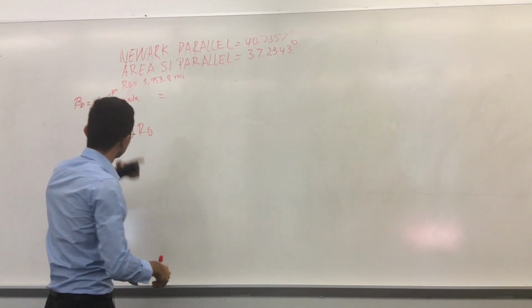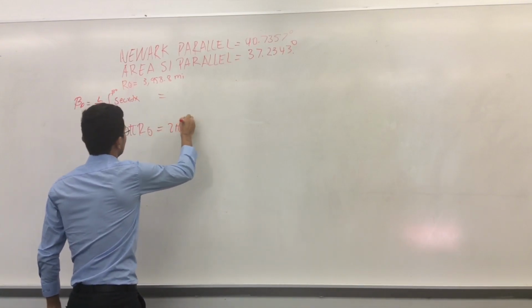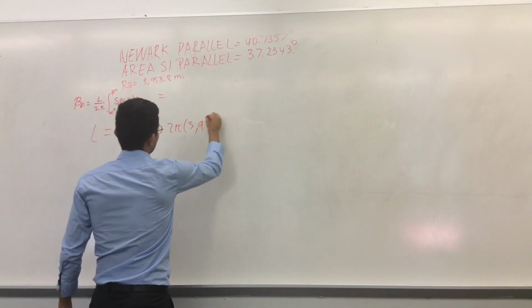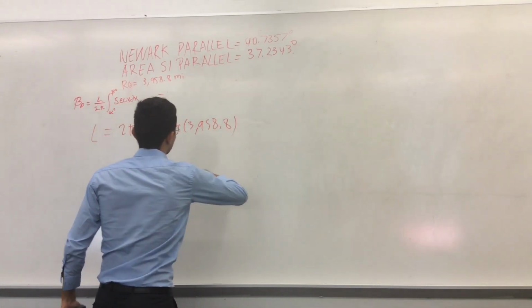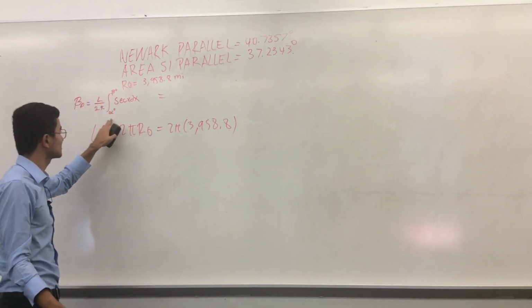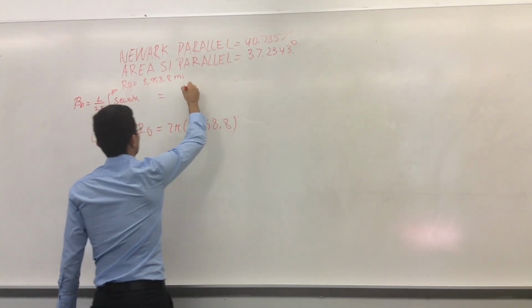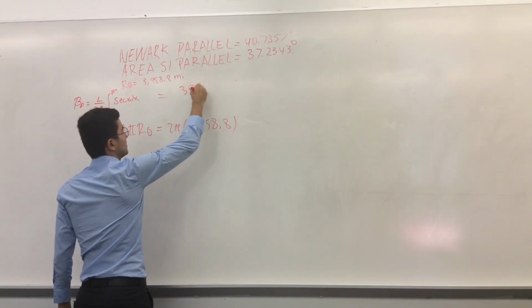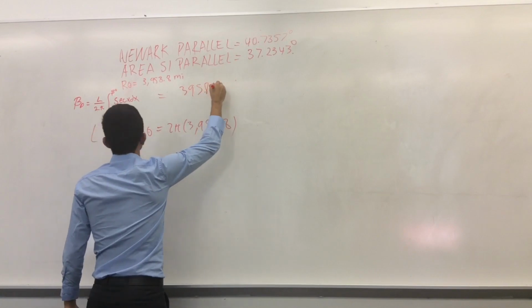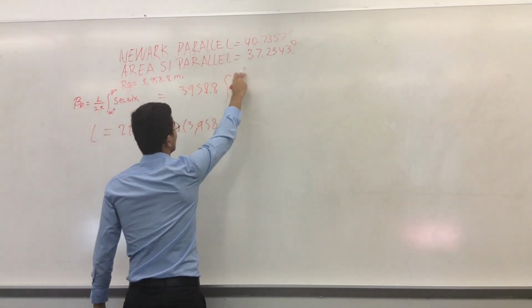That's going to be the length of the equator line, 2 pi times 3,958.8 miles. We're going to plug this in here, and as you can see, the 2 pi is going to cancel out. In essence, we're going to have 3,958.8 miles times the integral from one parallel.